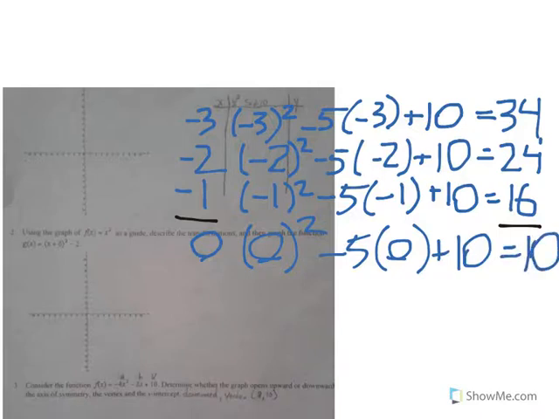So now I've got a point I can plot: 0 for x and 10 for y, so it's going to be up there. And then just keep going. Plug in 1, 2, until you get a nice parabola shape on your graph for that one.